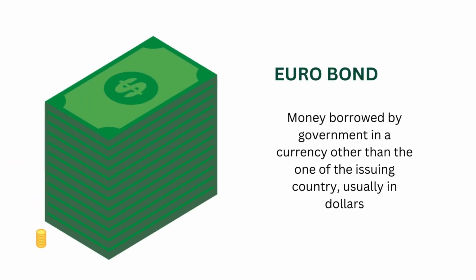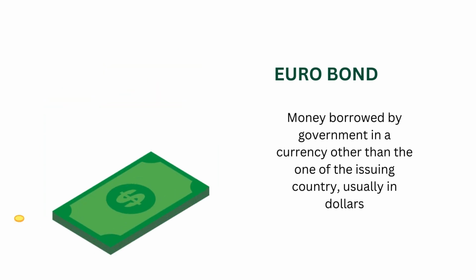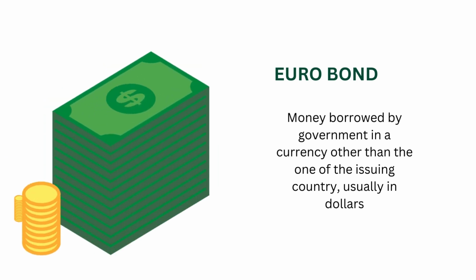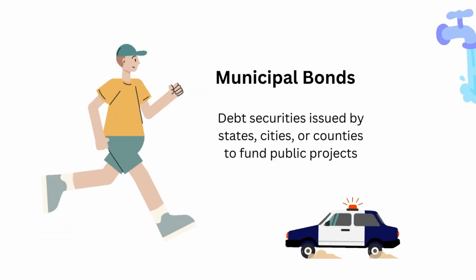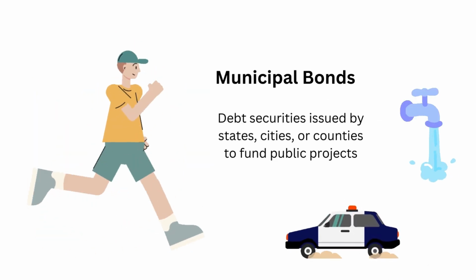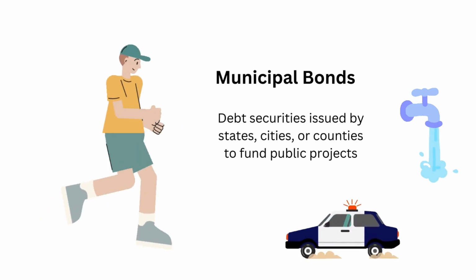Eurobonds, these are loans that are borrowed by the government and usually in a currency other than the one of the issuing country. Most countries usually take Eurobonds in dollars. Municipal bonds are usually issued by states, cities, or counties whenever they need money to fund public projects.